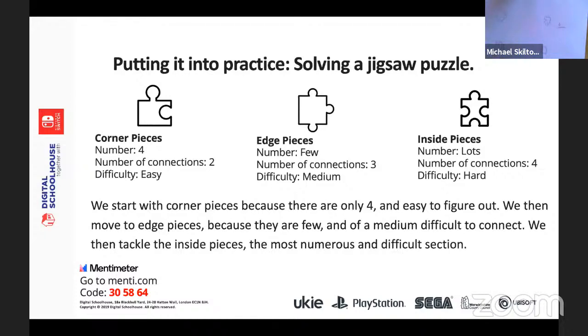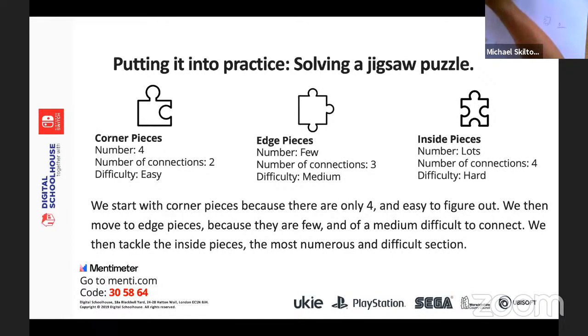And for that reason, we're going to look at the edge pieces of this particular puzzle. The number of connections for each of those edge pieces is only 3 pieces in total, which means for each edge piece, once you've connected one, you've only got to find 2 more connections for it, which gives you less work overall.